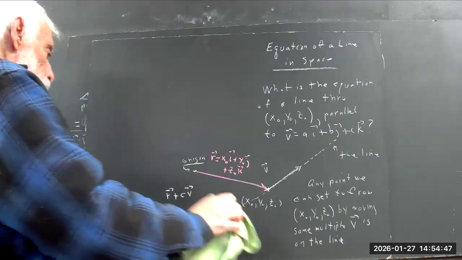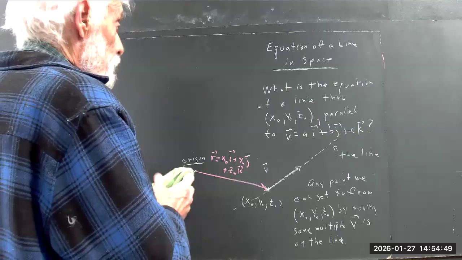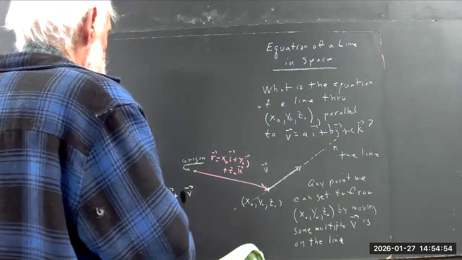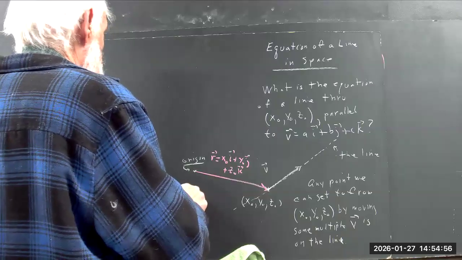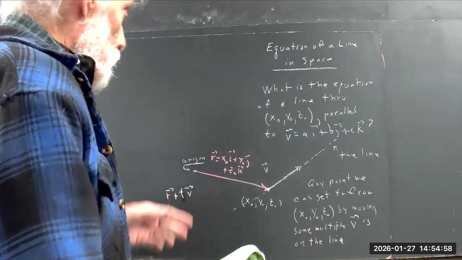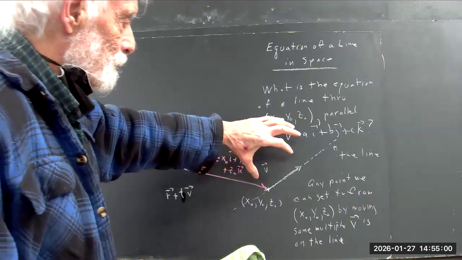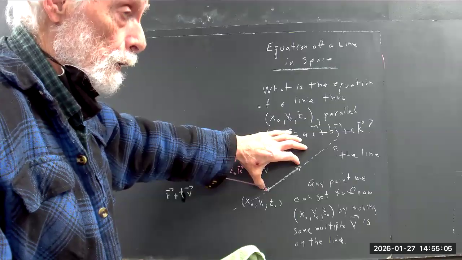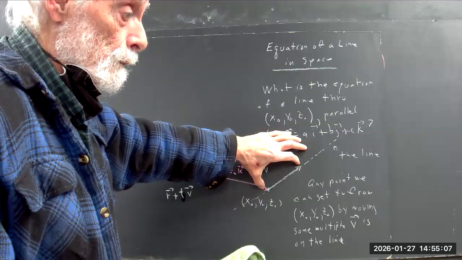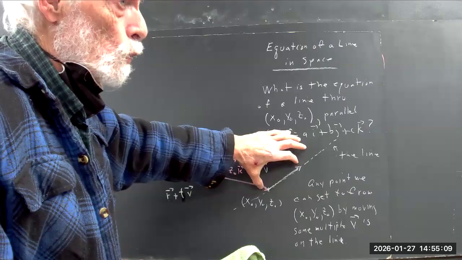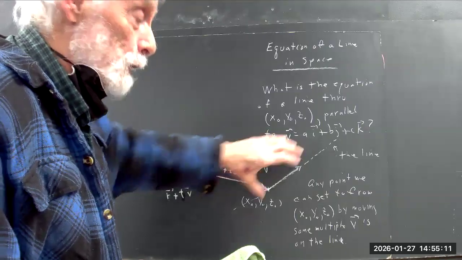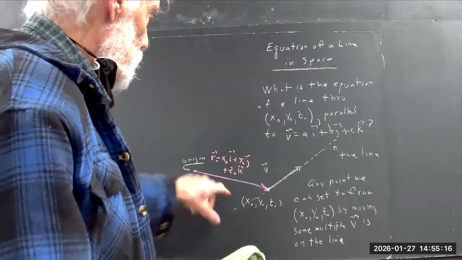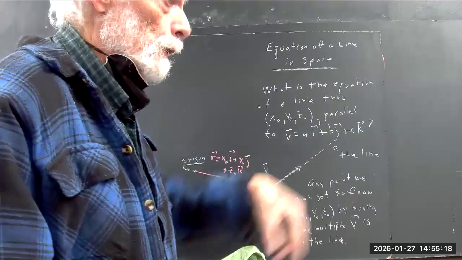I better not use c because c is one of the components of v. So I'll use t because t is often used as a parameter. You can think of it as time. Okay, for moving the length of vector v in the direction of v at one length of v per unit of time, then tv will be a vector t times as long as v in the same direction as v.